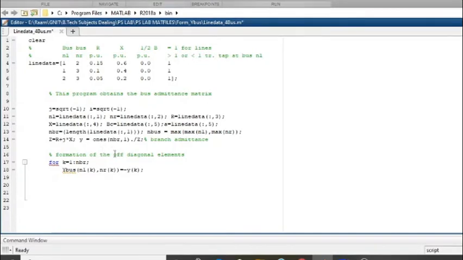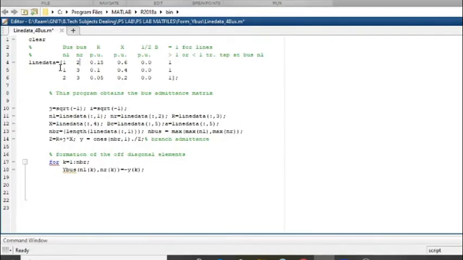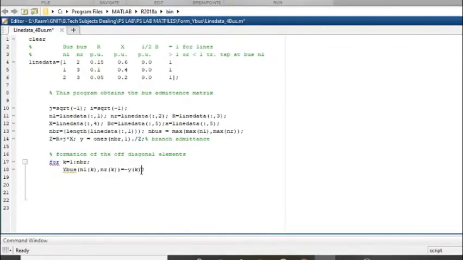That means it is calculating capital Y12. Capital Y12 is equal to minus y of 1. So y of 1 is the admittance of the first element, and that value will be represented here. That indicates capital Y12.